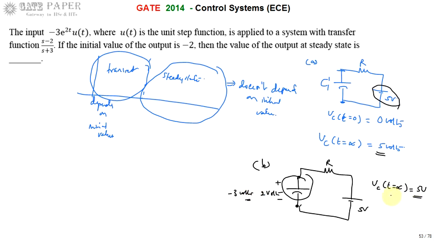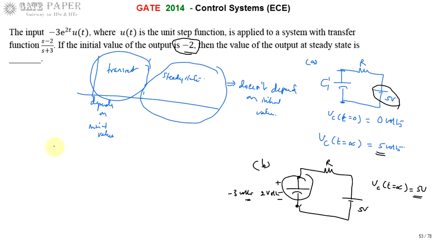So the system's steady state response depends totally on the inputs. It doesn't depend on the initial values of the outputs. This initial value of the output of -2 is simply given to confuse you. It doesn't have any effect on the actual output.